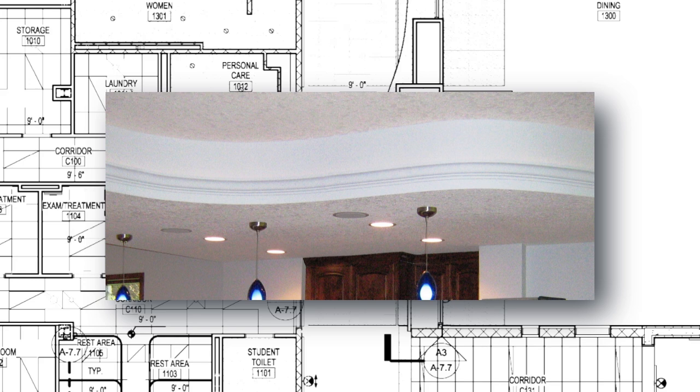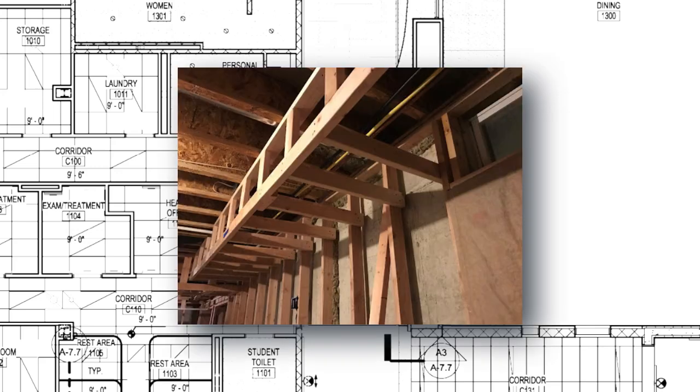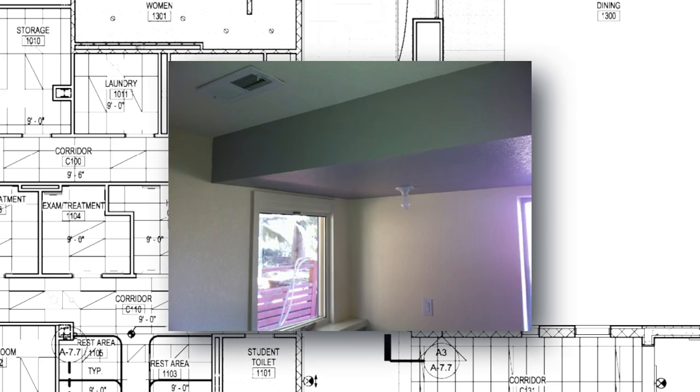You look across the hallway, you've got another soffit like that right outside of a doorway, making a transition. I'll tell you the purpose of a soffit without looking it up in the dictionary. Just from my experience, soffits are used to transition between differing heights.